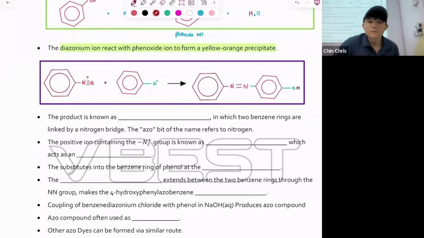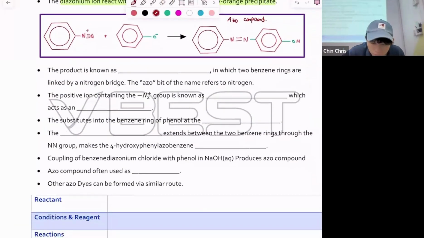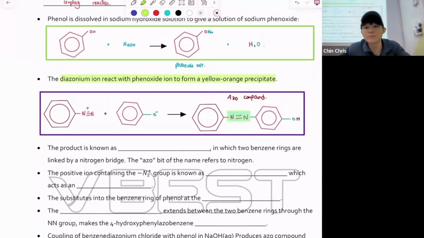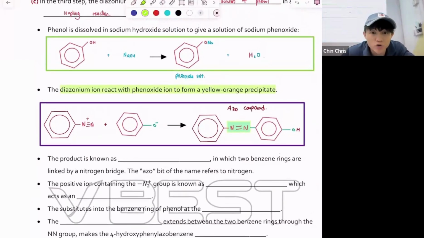So you get this compound known as an azo compound. And you have a nitrogen link bridge here. I want you guys to highlight this nitrogen link bridge. This bridge is very, very strong.